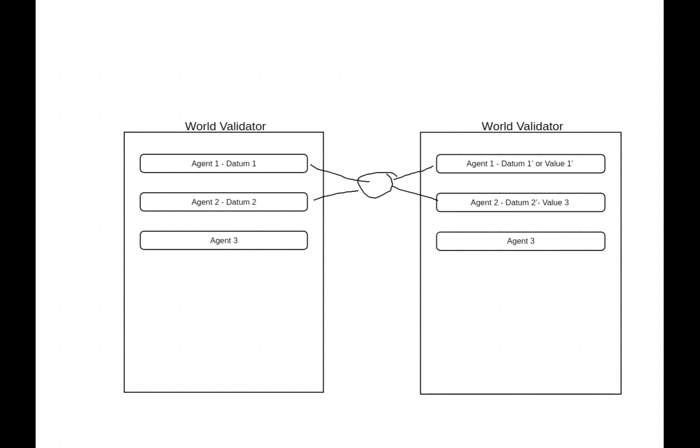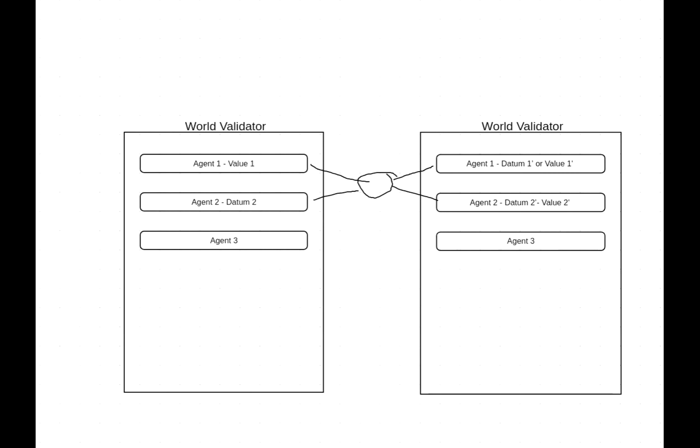Because I'm thinking that if you encode the logic of each agent in the datum, maybe you want to leave the resources to the value so the datum stays the same. Right. Yes, that makes sense.